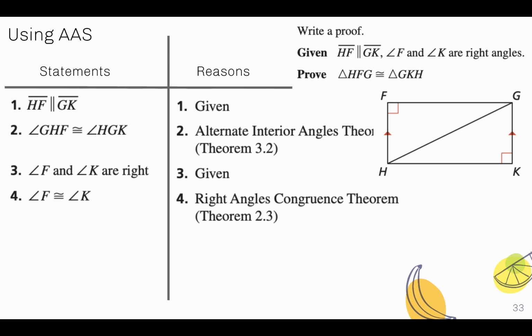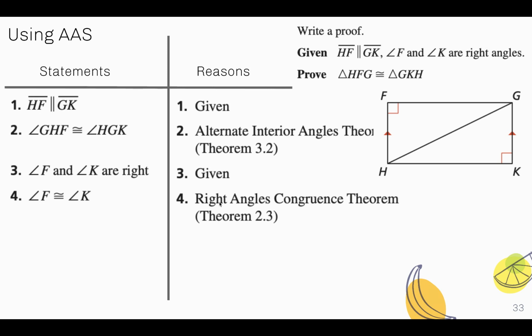Now, when you're writing these theorems, like the right angles congruence theorem, theorem 2.3, first of all, don't ever put theorem 2.3. That is arbitrary. There's no actual number. That is just something the authors use to keep the theorems organized in this Big Ideas textbook. So don't write theorem 2.3. I don't want to see it.